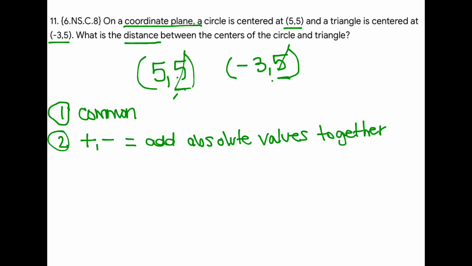So you ask yourselves, we have the absolute value of 5 plus the absolute value of -3. What is the absolute value of 5? Actually, I'm going to let you do that on your own. What is the absolute value of 5? Well, what is the absolute value of 3? And you add them together, and that will give you the distance between the center of the circle and the center of the triangle. This is today's lesson, so you should be able to do this problem on your own.